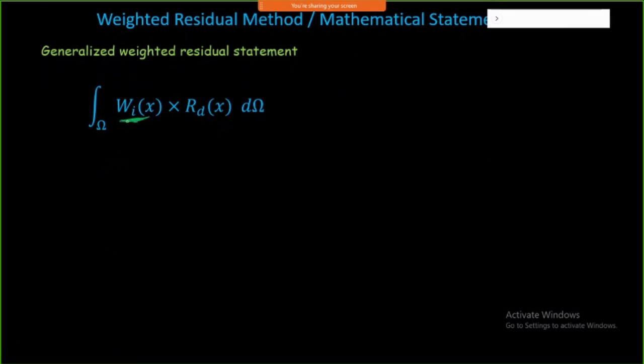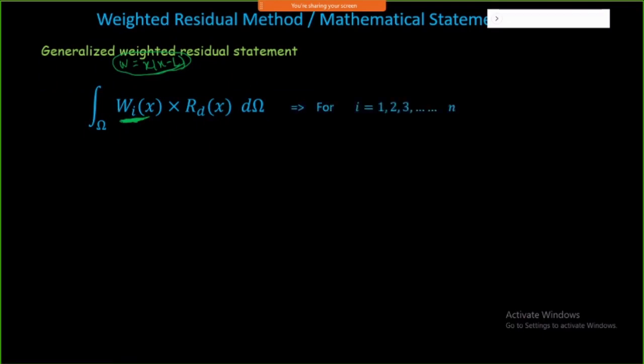It has some sort of function, maybe w is equal to x into x minus l or something. So this is nothing but my function which varies with respect to x. That is what is called a weight function. Previously we have seen these are numbers, and here it is a function.